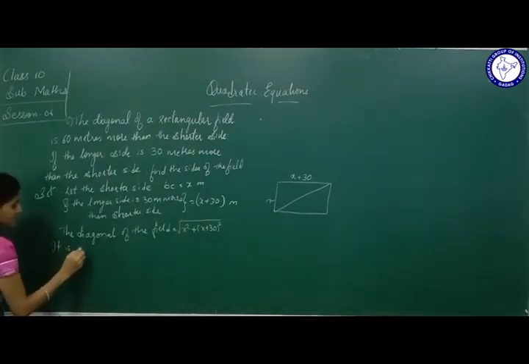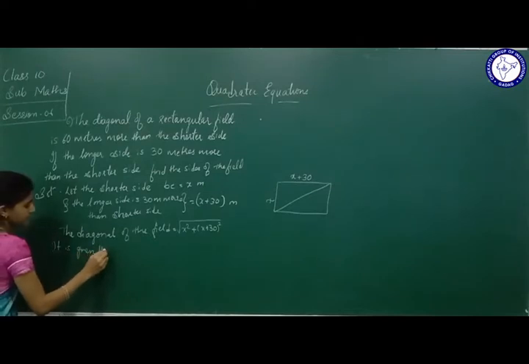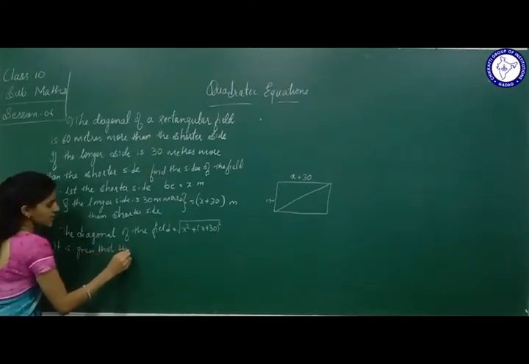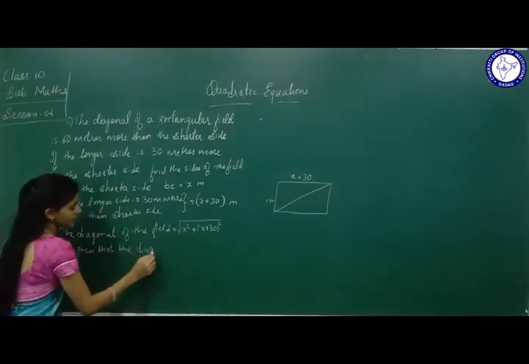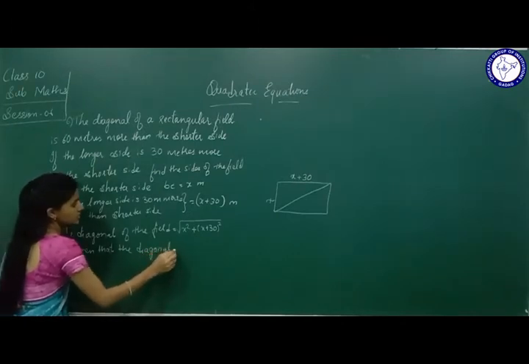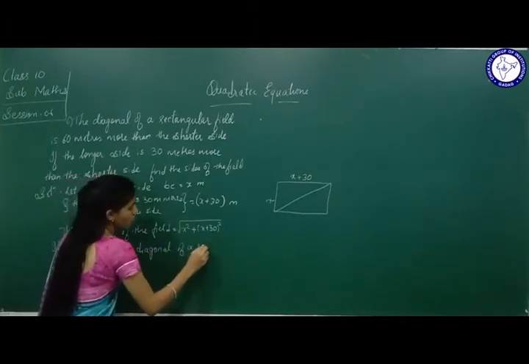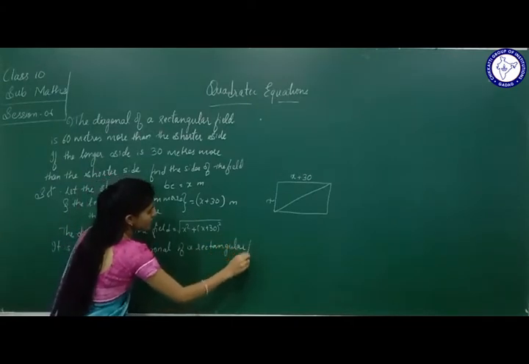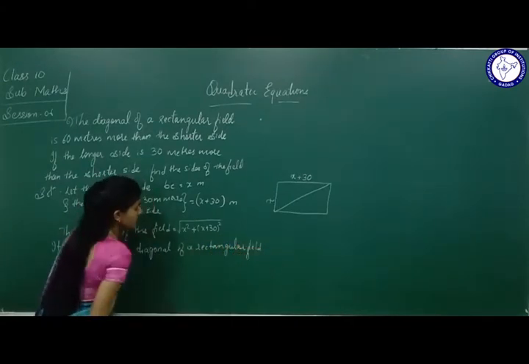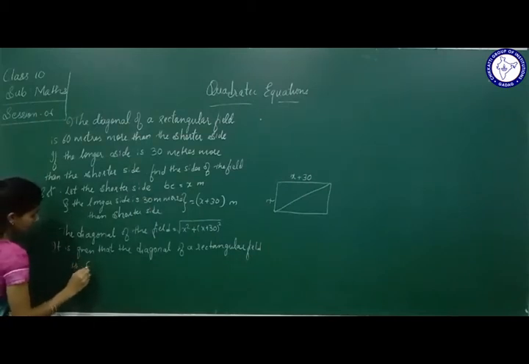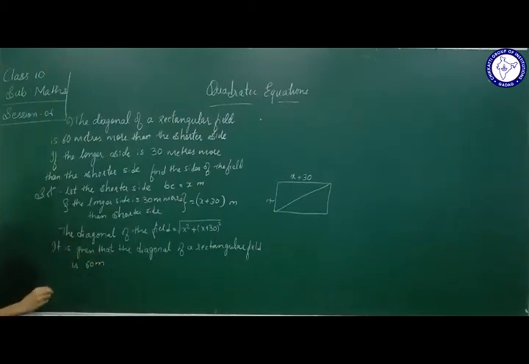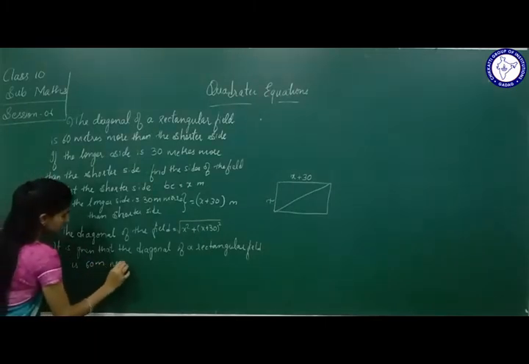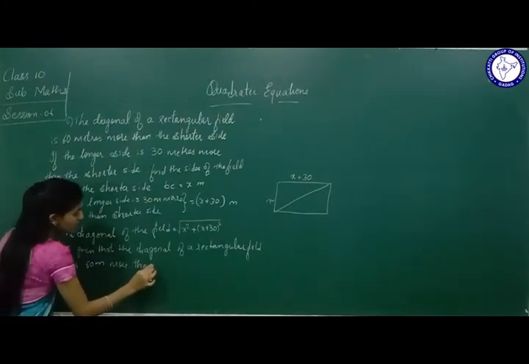It is given that the diagonal of a rectangular field is 60 meters more than the shorter side.